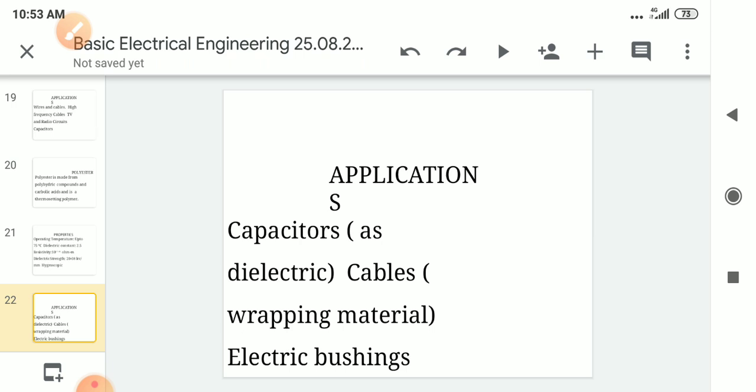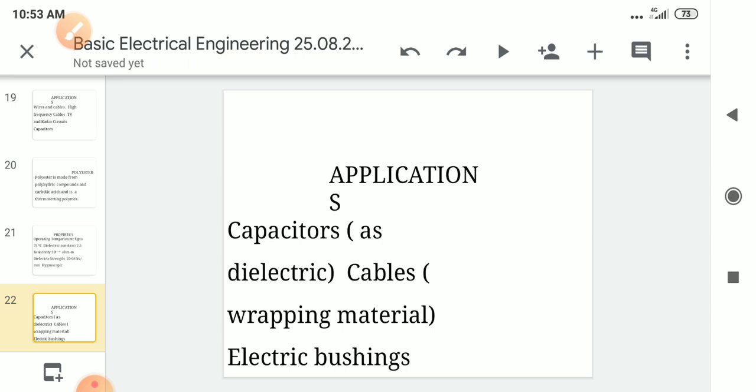In cables it is used as wrapping material, inside the layer of PVC. If we insert the wrapping inside one layer of this cable, then only it is flexible to mold, flexible to handle it.